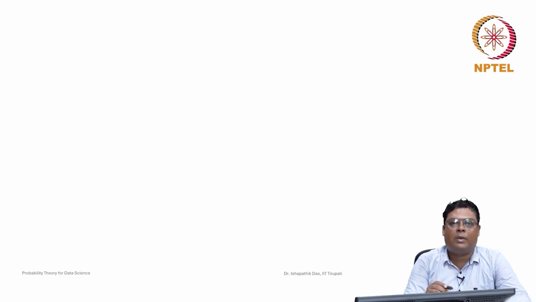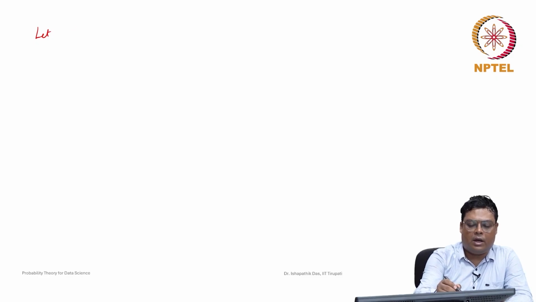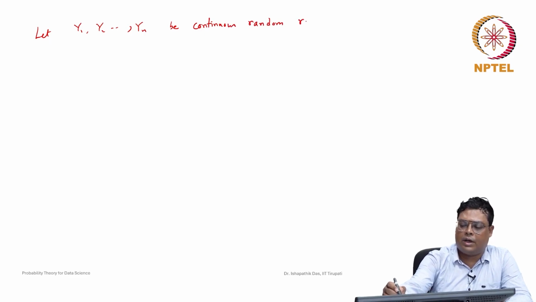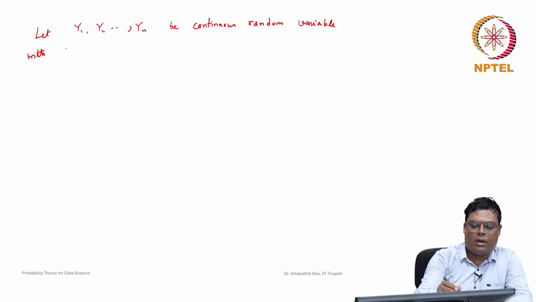Suppose let us consider normal random variables. So let Y1, Y2, ..., Yn be continuous random variables, with each Yi having a normal distribution with mean mu i and variance sigma squared.